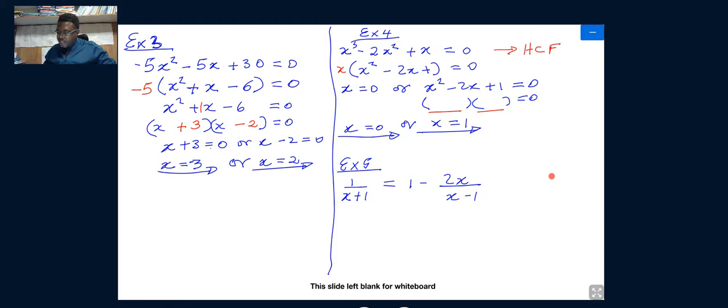And therefore the LCD, let me just write it for you. LCD is x plus 1, x minus 1.